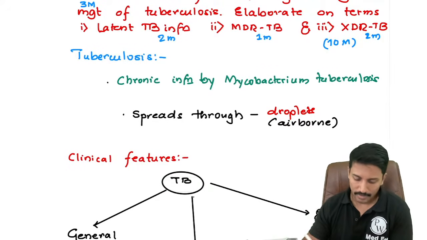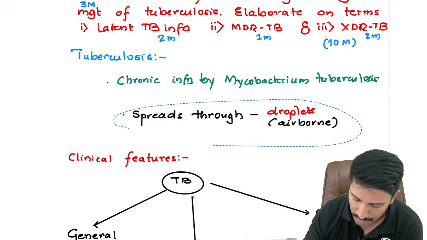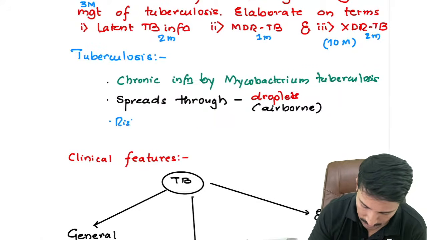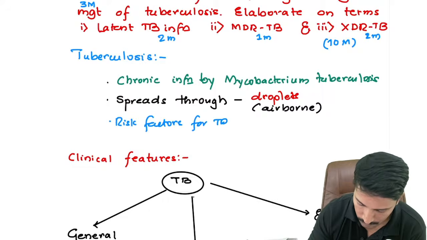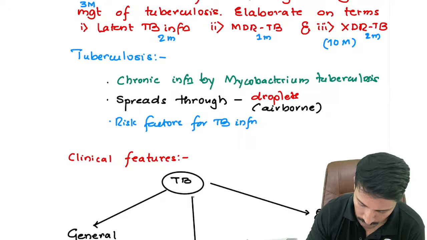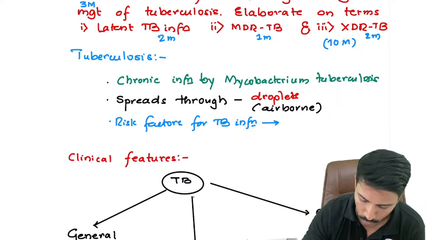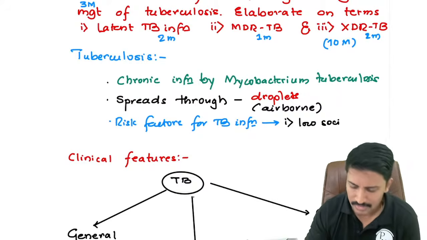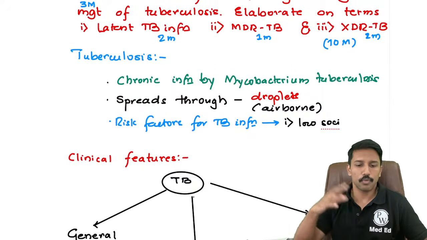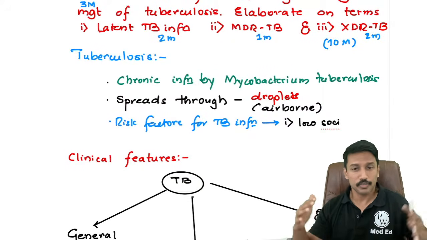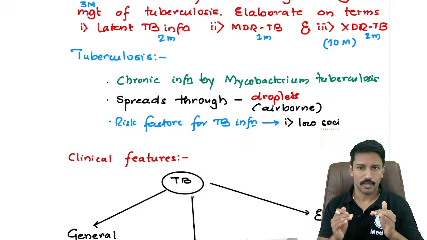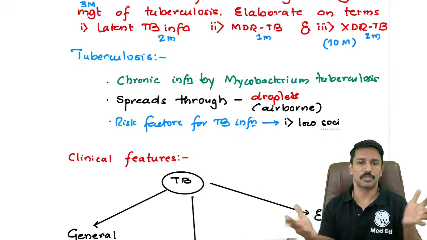Now, what are the risk factors for getting infected with tuberculosis? Risk factors for TB infection include, number one, low socioeconomic status, because all these airborne infections are typically more common in places where there is overcrowding, where a lot of people are living in small houses and there is less open space outside your house.